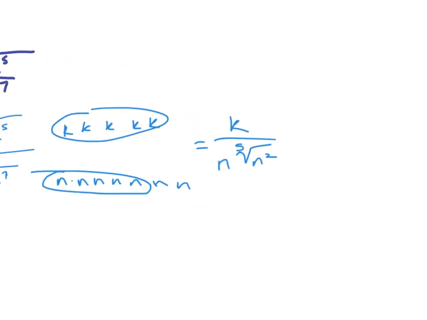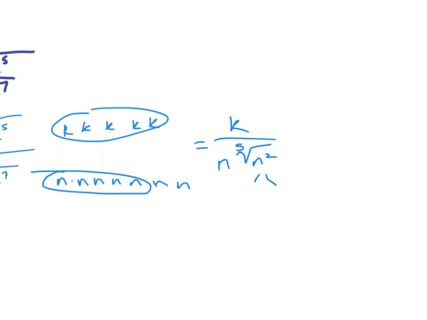But we can't have a root in the denominator. So how do we get rid of it? What did we do before? Multiply the top and bottom. But we have the 5th root, so we need to find out what gives us a whole number n.